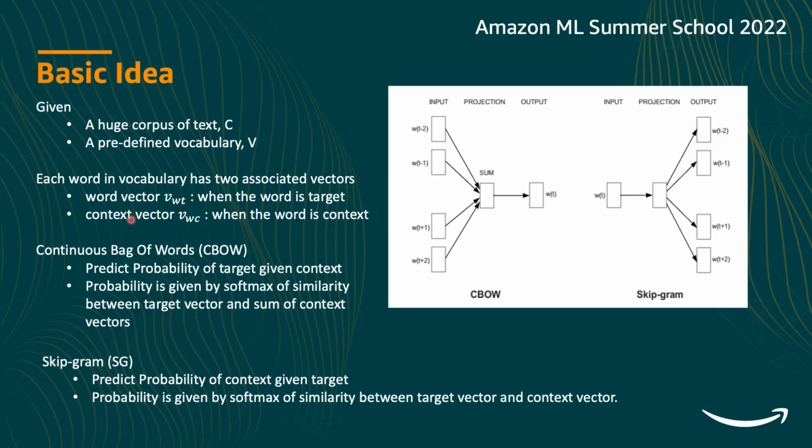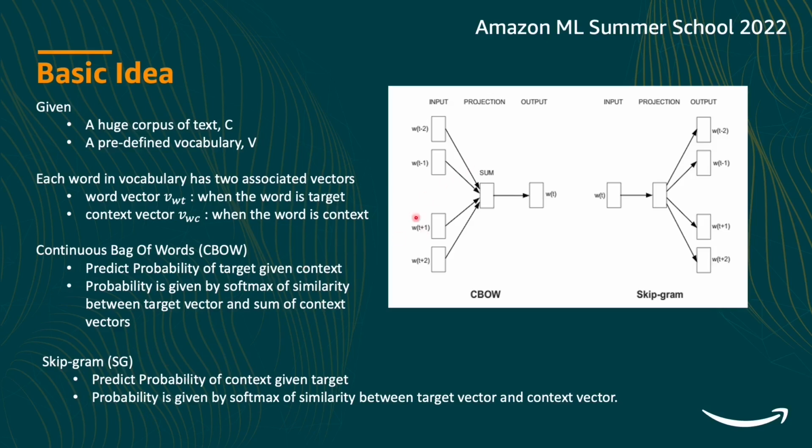Given that, there are two architectures to learn these embeddings: one is called continuous bag of words and the other is skipgram. Continuous bag of words learns the embeddings by predicting the target given the context words.